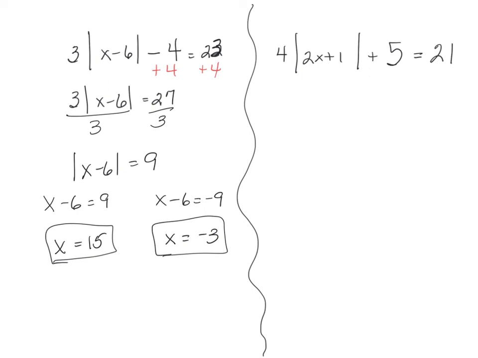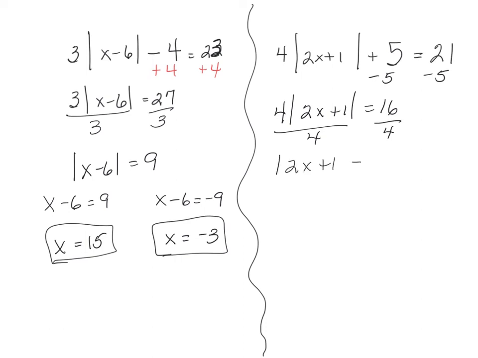All right, so doing this one, you're going to subtract 5 off of both sides first. 4 times the absolute value of 2x plus 1 equals 16. You're going to divide by 4 and tell me the absolute value of 2x plus 1 equals 4.